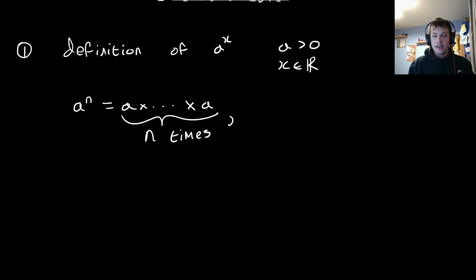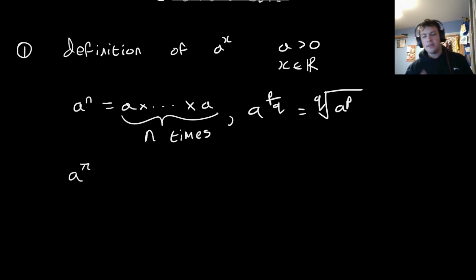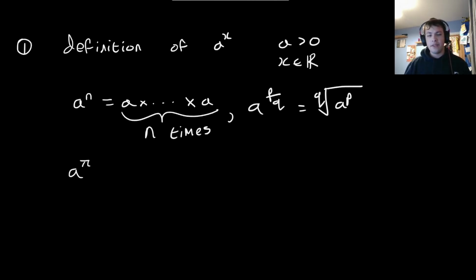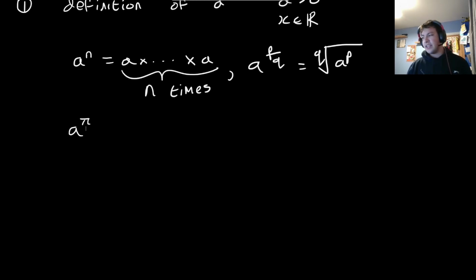Then a to the p over q for a rational number is the qth root of a to the p. That's fine, but then what is a to the pi? That's a bit wishy-washy. So we're going to start by doing that properly and rigorously.